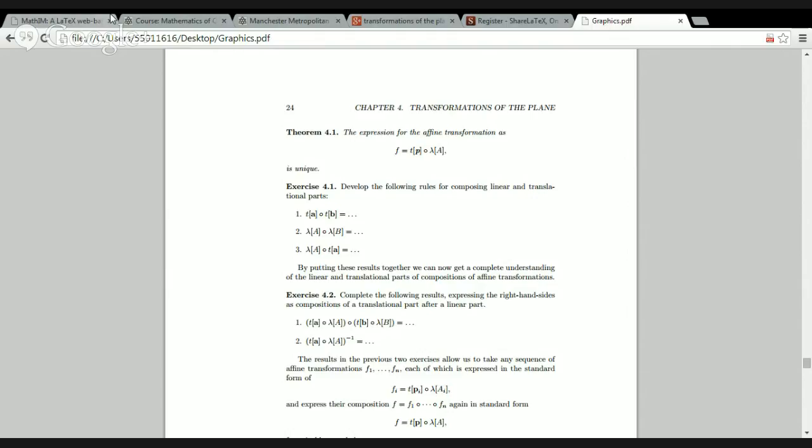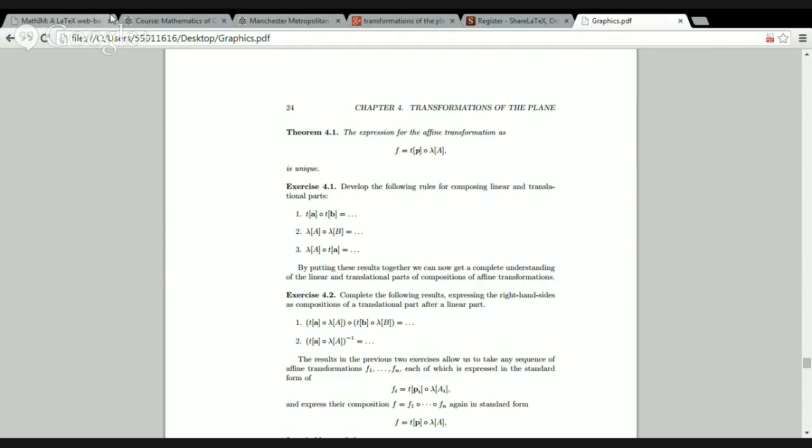And isometries also fit well with composition and inverses. If you take any two isometries and compose them, apply one after the other, well, if you think about it, that's still going to be an isometry, because you're performing a composition of two functions. The first function preserves distances. The second function preserves distances.